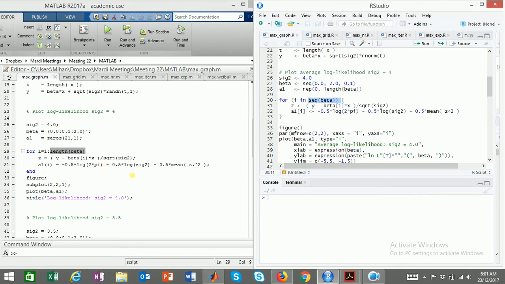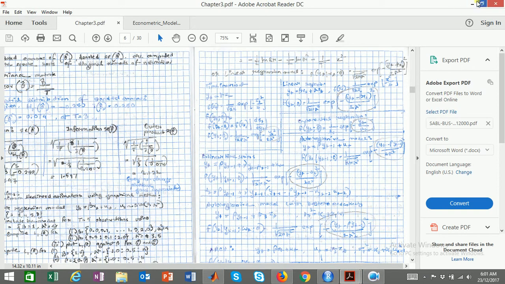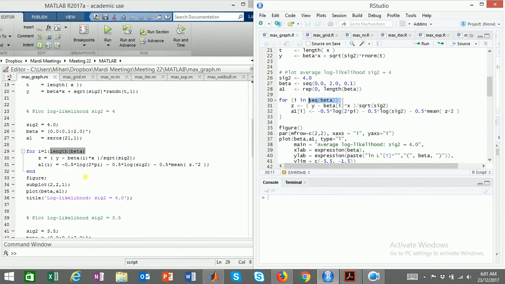This is y minus beta x divided by sigma square multiplied to the mean, half basically.